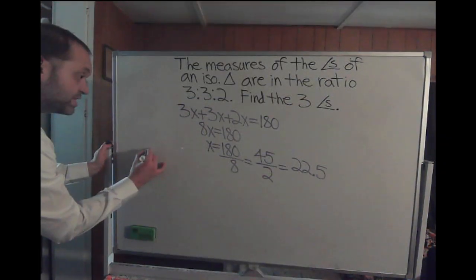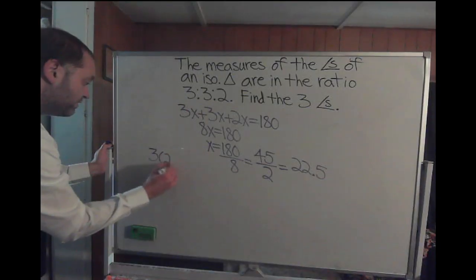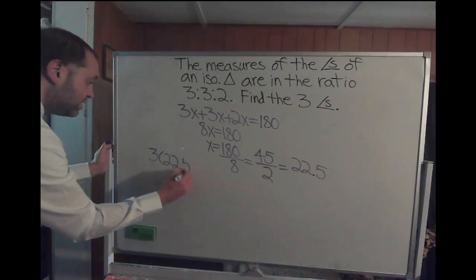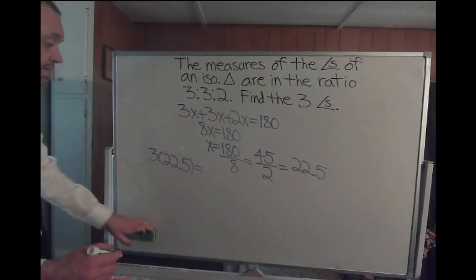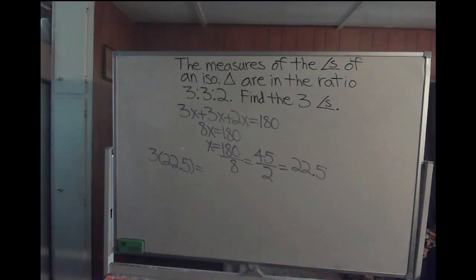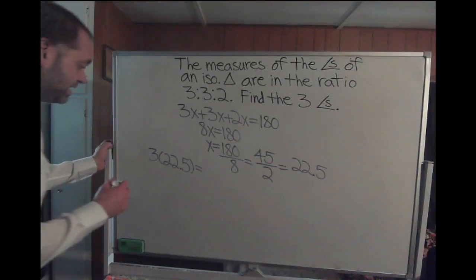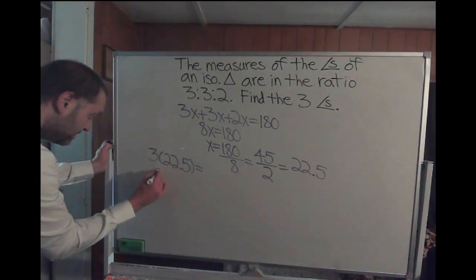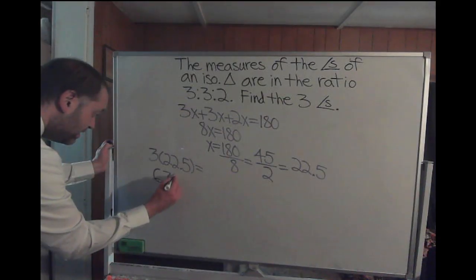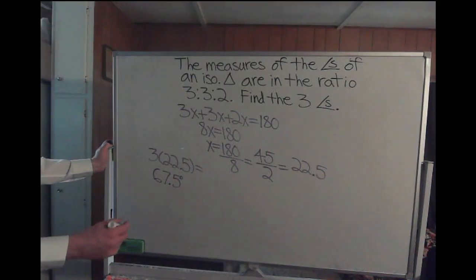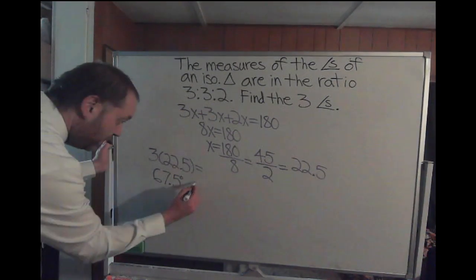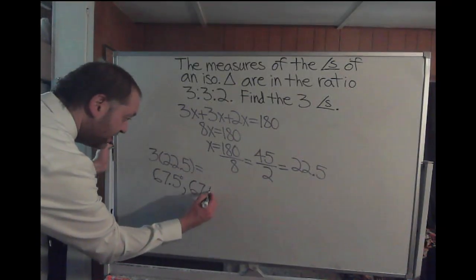So x has a value of 22.5, but now we need to find the values of the angles. So you'll take 3 times 22.5, which would be equal to what? Well, 2 times 22.5 is 45, plus another 22.5. That's going to be 67.5. So you would have 67.5 degrees, and actually this occurs twice because you have an isosceles triangle.